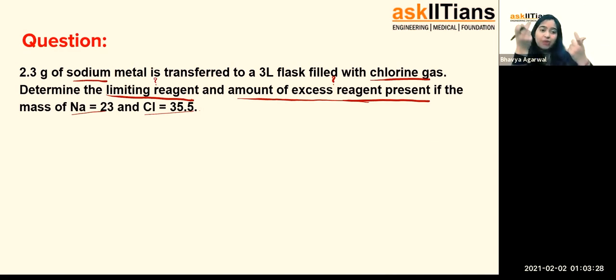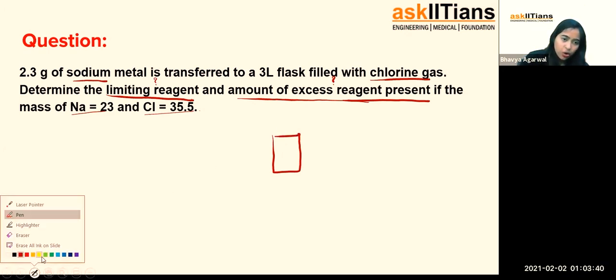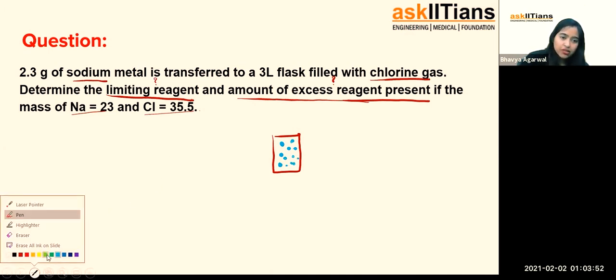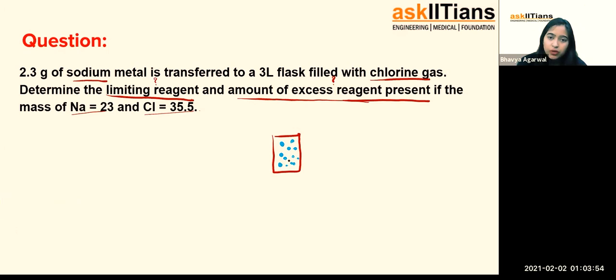It will definitely react with the chlorine gas present in the container. So this is a container, already filled with chlorine gas, right? To this container, we transferred sodium metal.